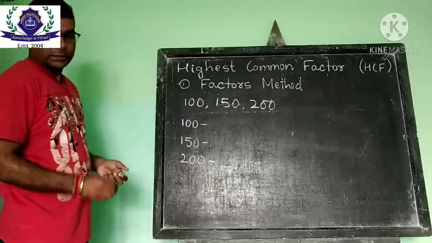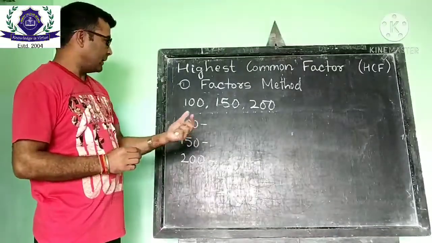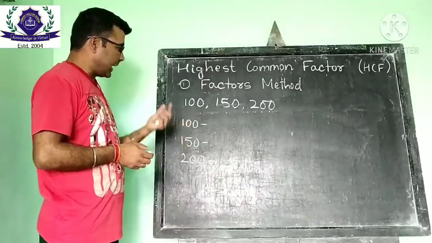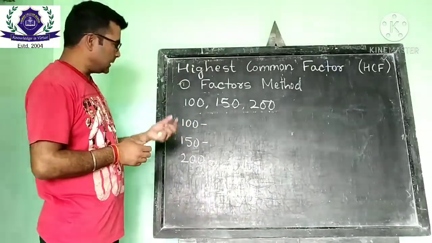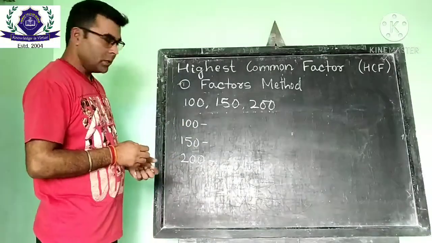Factors of 100. All the numbers which can divide 100 exactly leaving no remainder are called factors of that number.